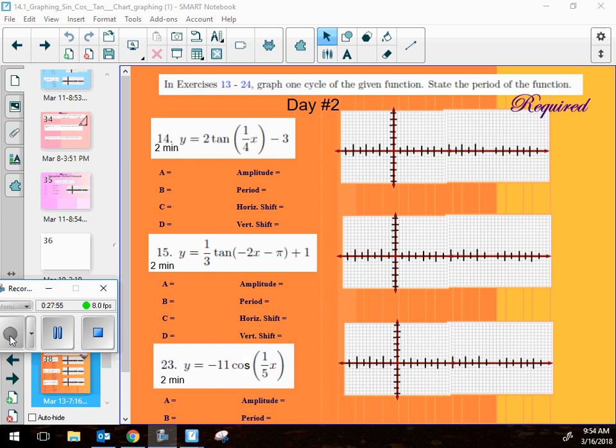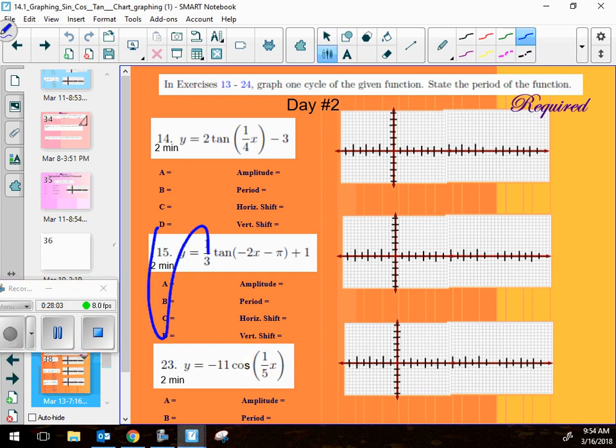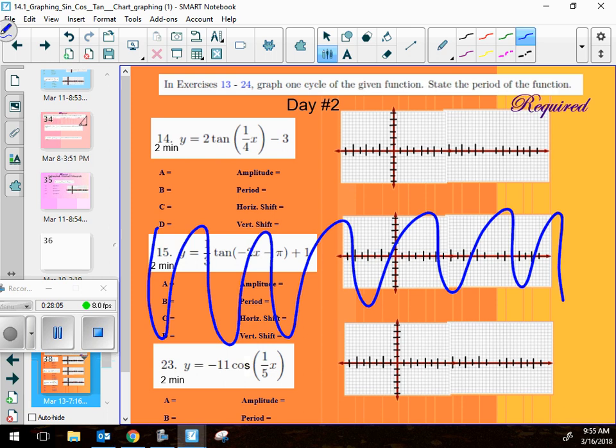So I am going to say, let's do 14, but not 15. Skip 15. Let's do 23. Is there any more on that page?